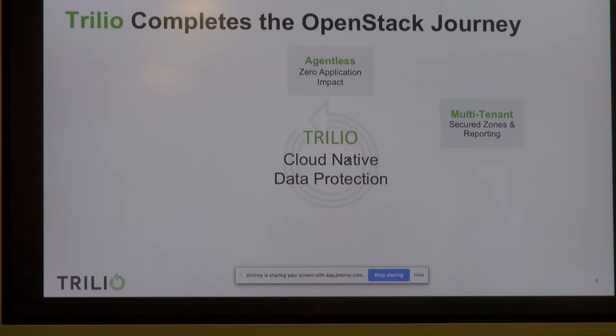And we are multi-tenant, so you can have more than one tenant in one cloud, and we offer secure zones amongst the tenants. So tenant A won't know what tenant B is doing, and the other way around, although they're in the same cloud, okay?